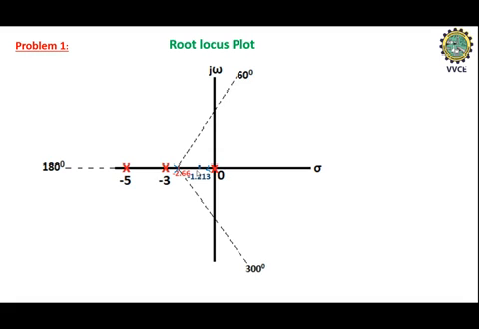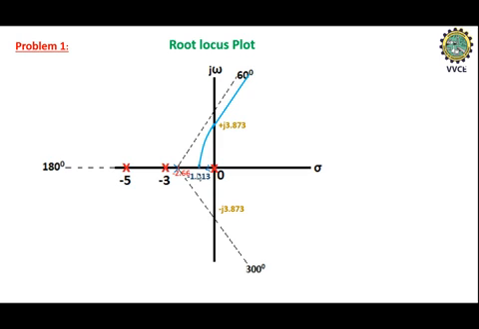First, before that, mark the imaginary points, where the branches of the root locus will cross over, that is plus 3.873j and minus 3.873j. Now by making use of this breakaway point and this intersection point on the imaginary axis, we need to draw a plot like this.